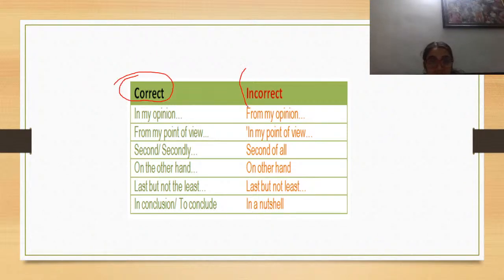Correct and incorrect. So these are some correct and incorrect formations. I would want everyone to have a look at them, and post that we'll be discussing it.